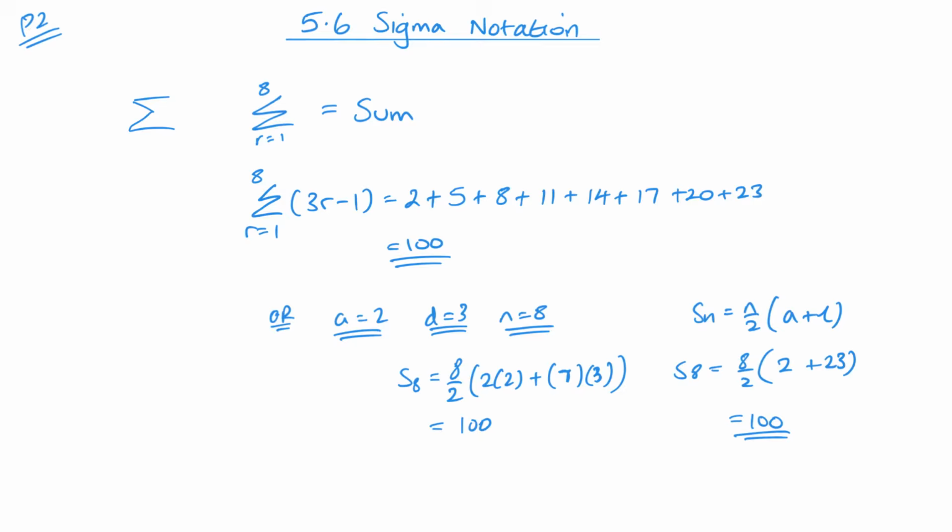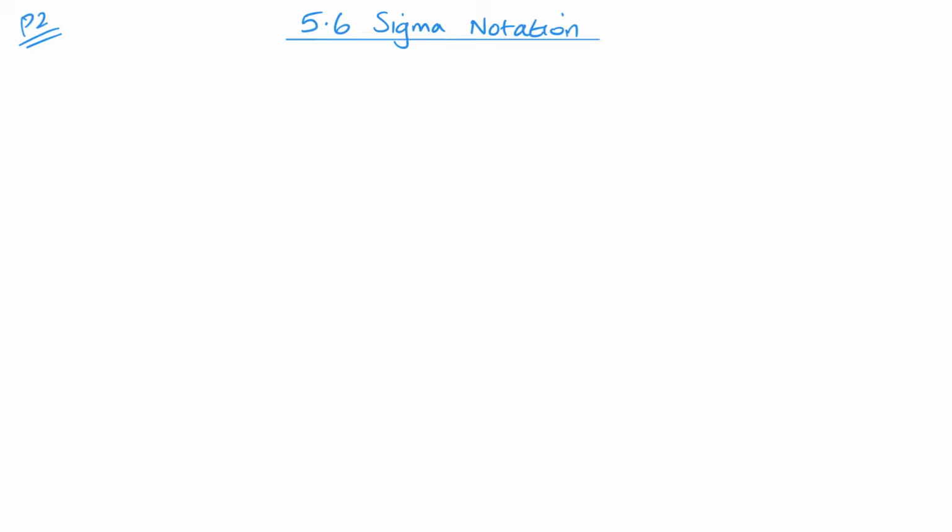But you do need to be careful, because sigma notation just means sum, so this can apply to both arithmetic and geometric. Of course, it's not always going to be arithmetic, so we'll take a look at a geometric one.